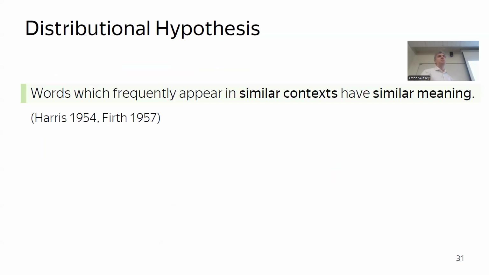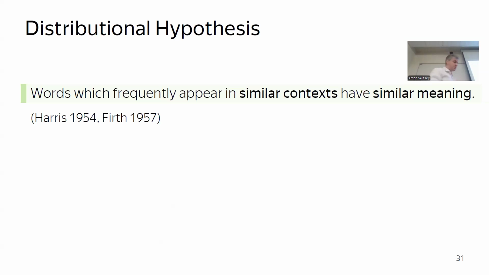It's called the distributional hypothesis. It was first introduced in 1954 by Harris, but typically articles cite the later paper.